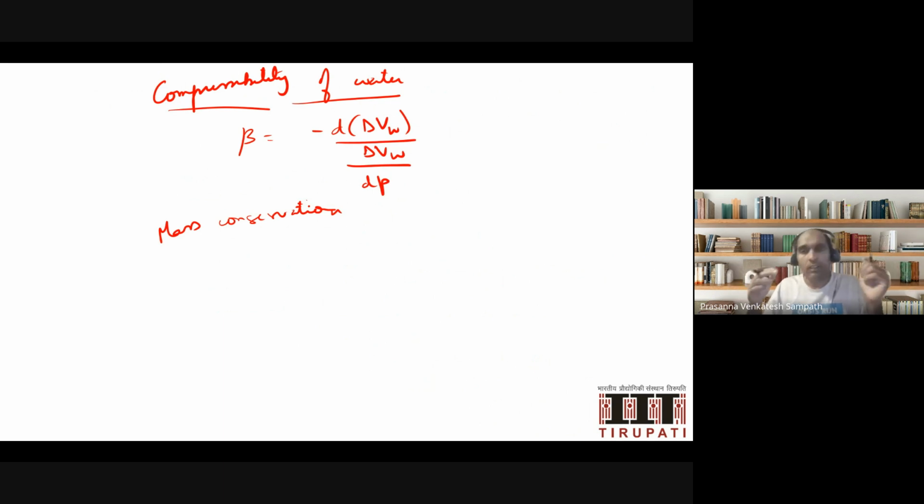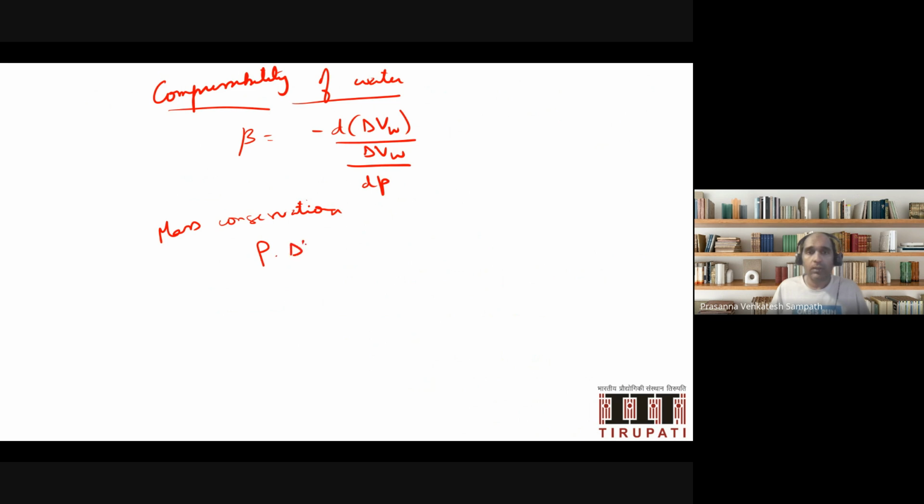When we discuss water, in most situations, we assume it to be incompressible. But in this particular circumstance, in a confined aquifer, the compressibility of water also plays a role. So we will have to write it up as follows.